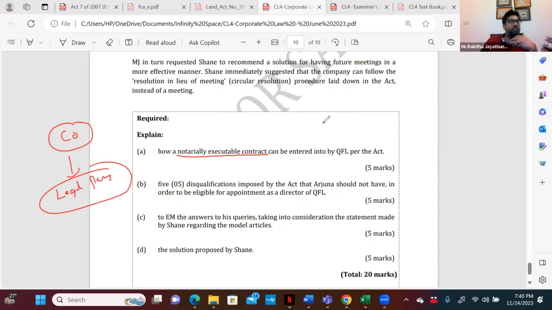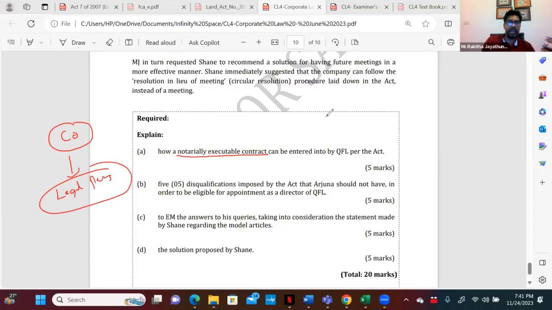So like us, we are individuals, we are human beings. We can enter into contracts. We are adults. So when we go to a supermarket, when we purchase something, we enter into a contract. When I buy a land, I enter into a contract. But when I go to a grocery or supermarket and purchase goods, it's a simple contract.